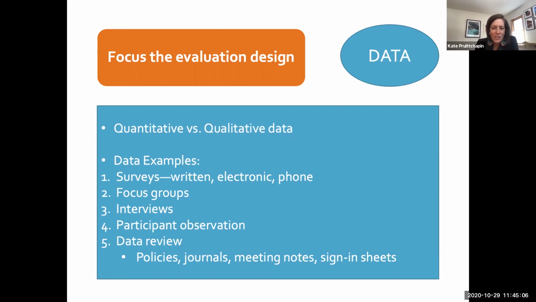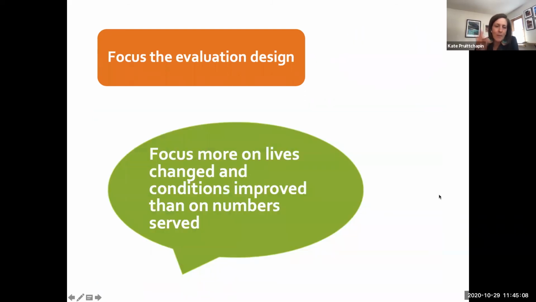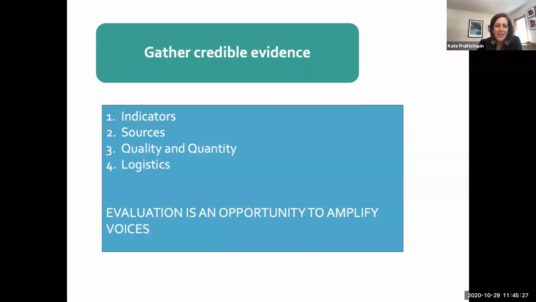Which leads us nicely to, here again, focusing more on lives changed and conditions improved than just on numbers served, right? It's not enough to say that 100 people attended your training. Like Natalia mentioned, we want to really understand and capture the impact of that training on your participant, for example. So again, this credible evidence is another part of this CDC framework.